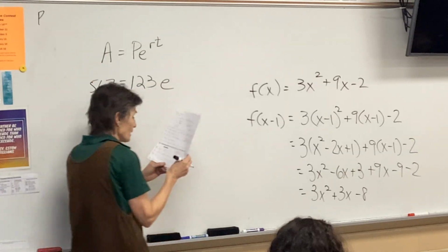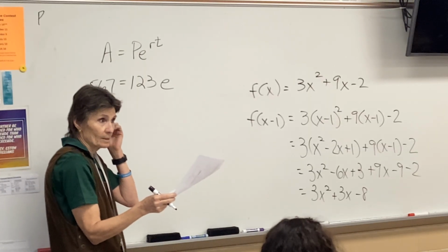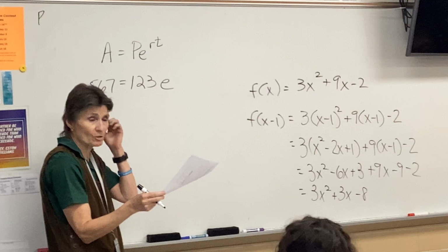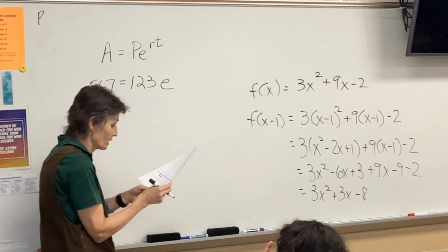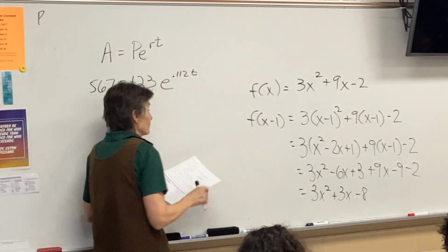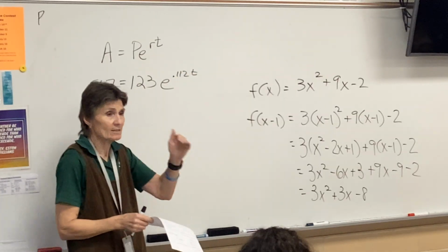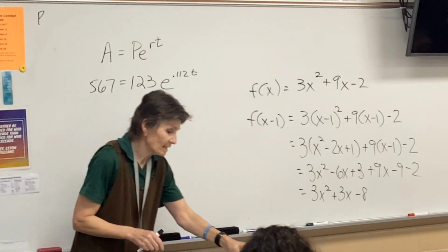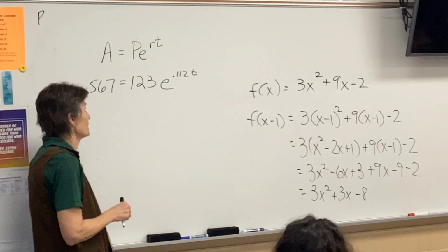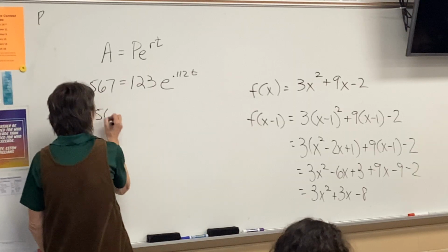Now, this growth constant is given as a percentage. We never put percentages into a formula, so we'll have to put 0.112. If it's given as a decimal, that's fine, but anything that's given as a percent has to be changed. All right, step one, divide.